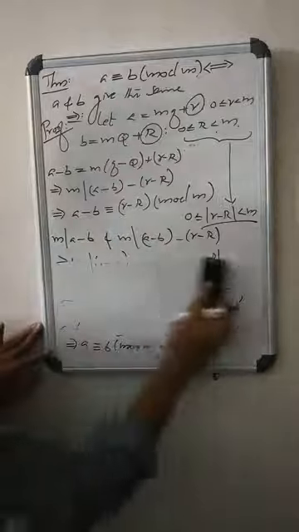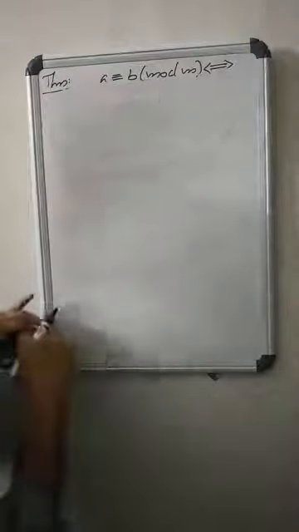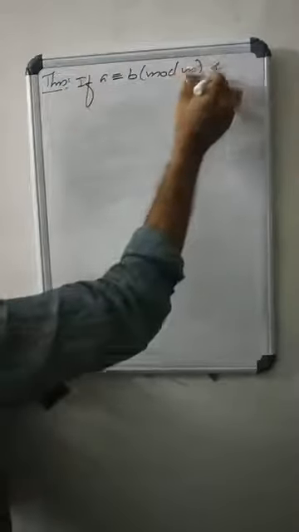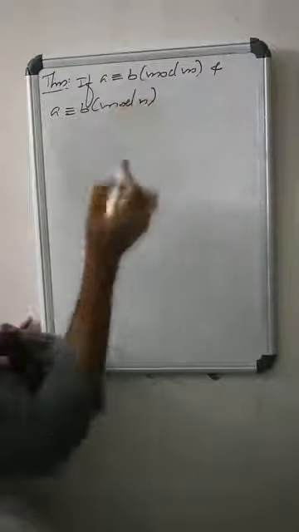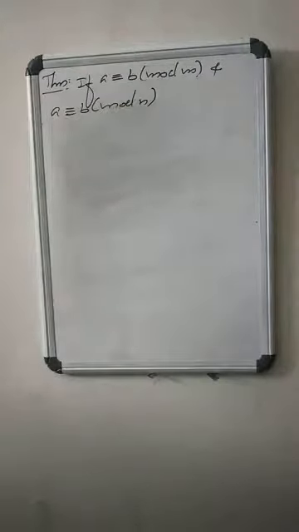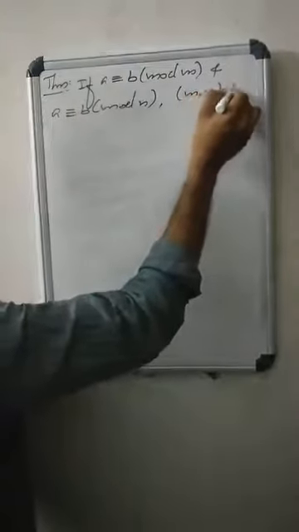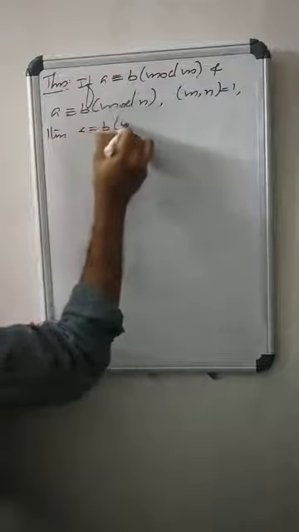Now come to the next argument. If a is congruent to b mod m and a is congruent to b mod n, with m and n relatively prime, then a is congruent to b mod mn.